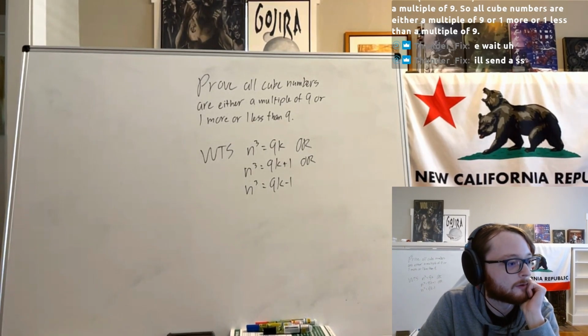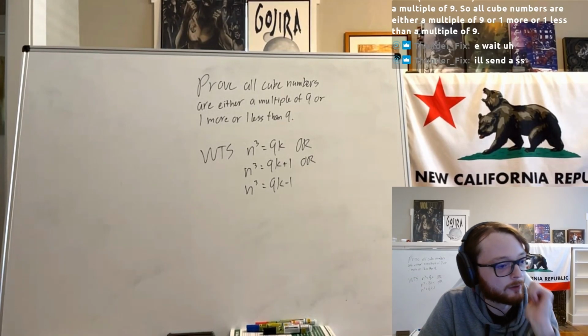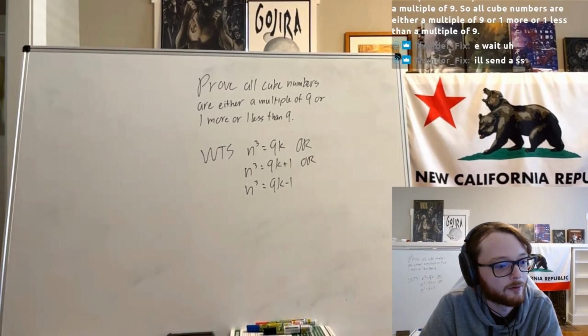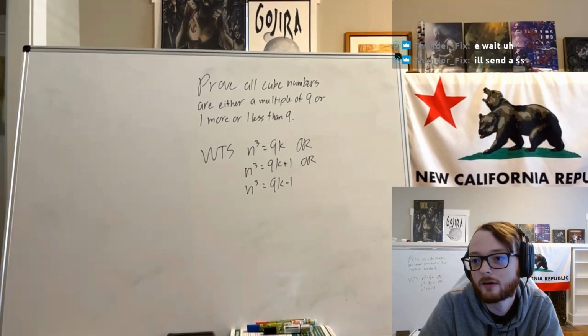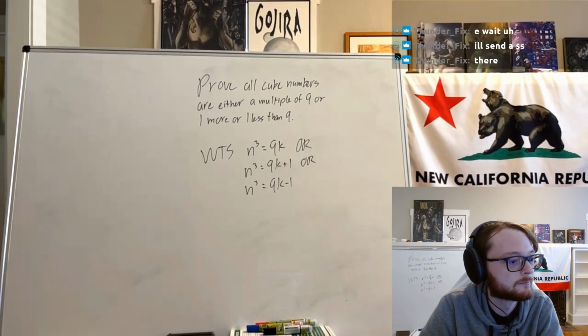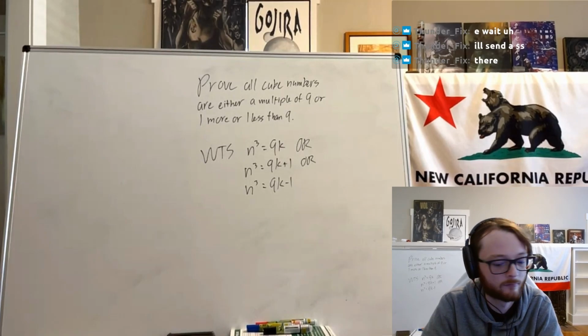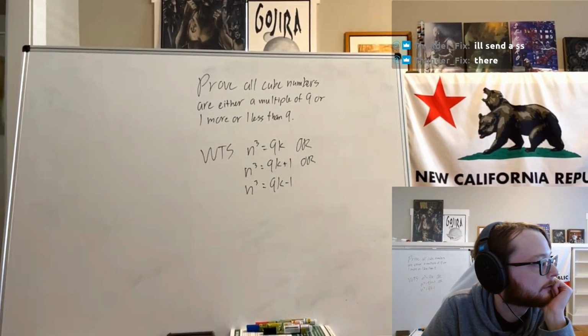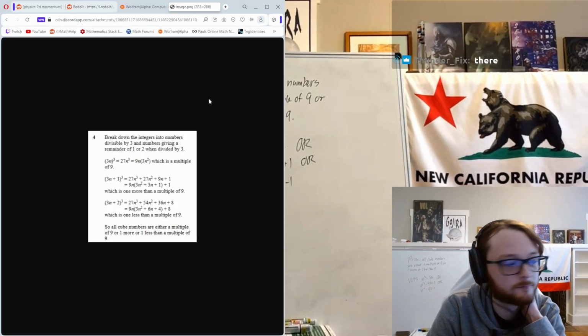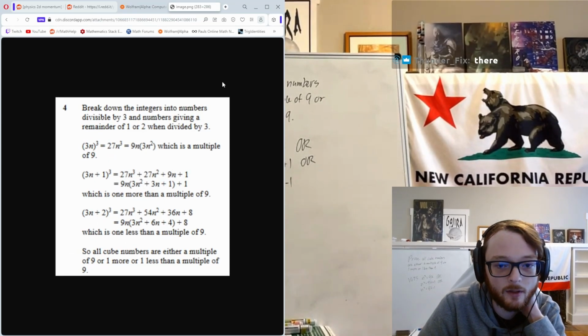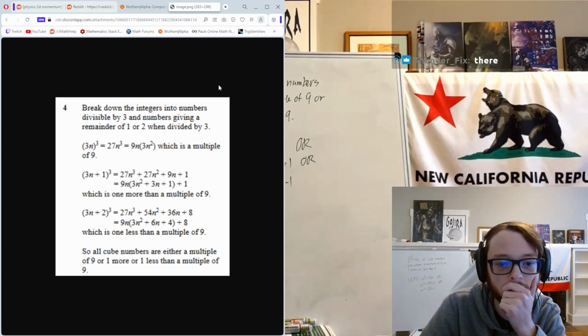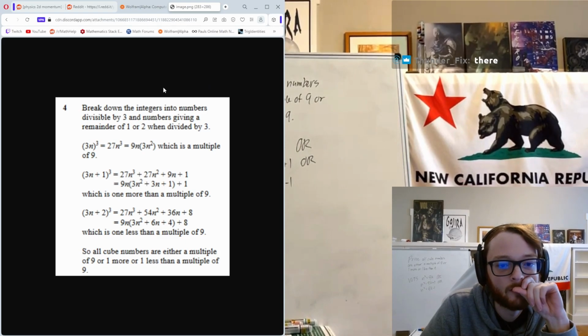Okay, I was wondering if you have to use divisibility with 3. So break down the integers into numbers divisible by 3 and numbers giving a remainder of 1 or 2 when divided by 3. Really?